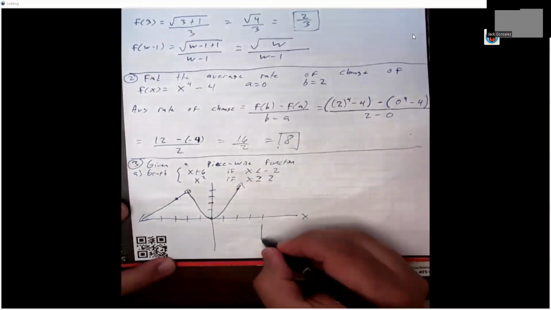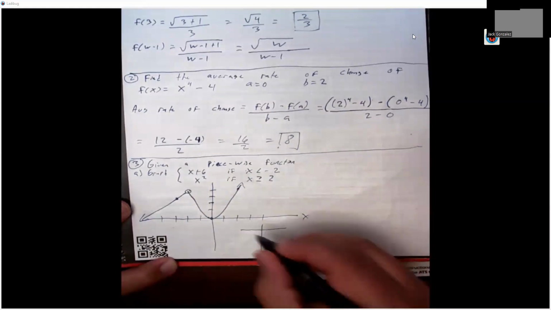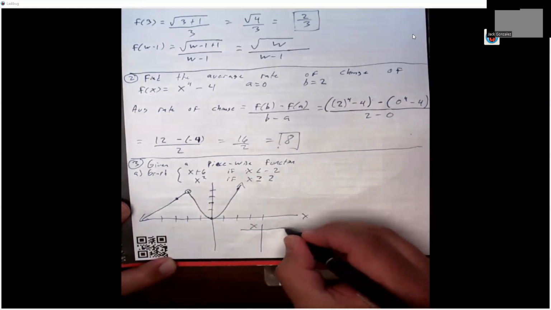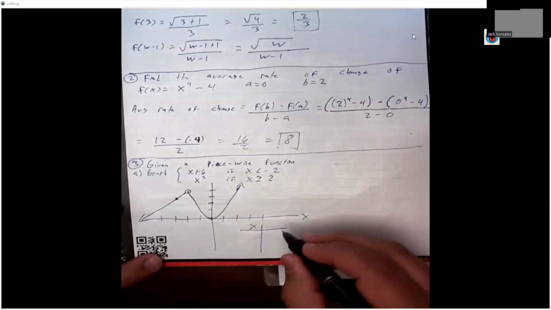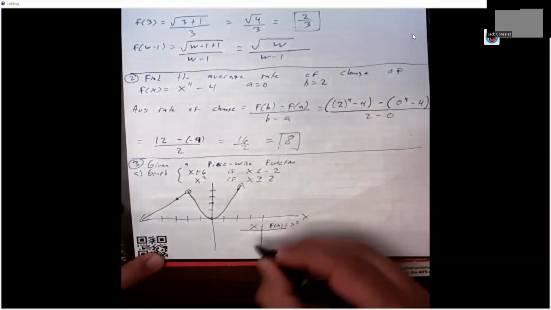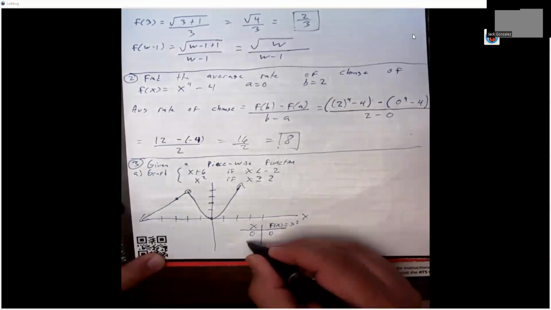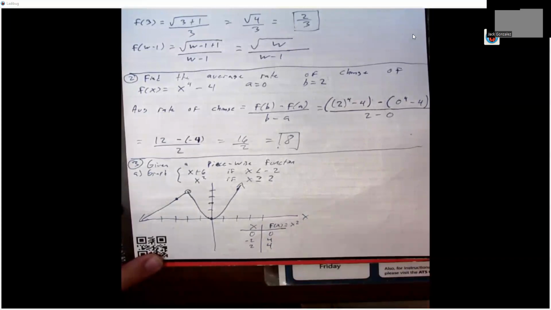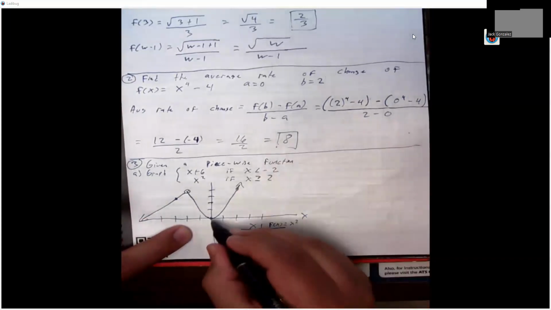Okay. So you choose whatever points you want. So for f of x equal to x squared, 0 gives me 0, -2 gives me 4, 2 gives me 4, right? That's where these points came from. This one, this one, this one.